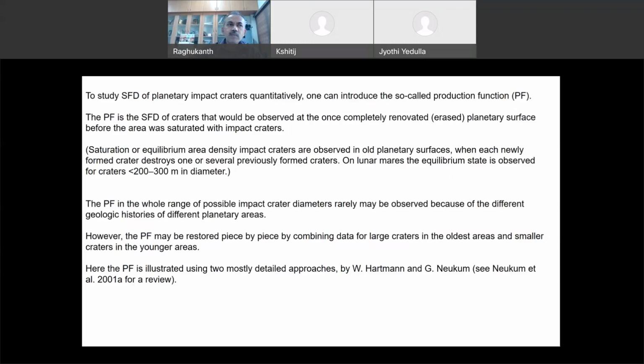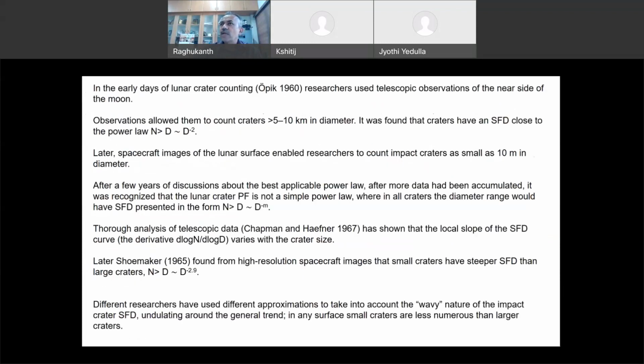So the production function, of course, depends on the diameters and other things. So finally, what one does for lunar is, in the initial days, the lunar production functions or size frequency distributions everything came from telescopic observations, before the human missions or the satellites and other things.